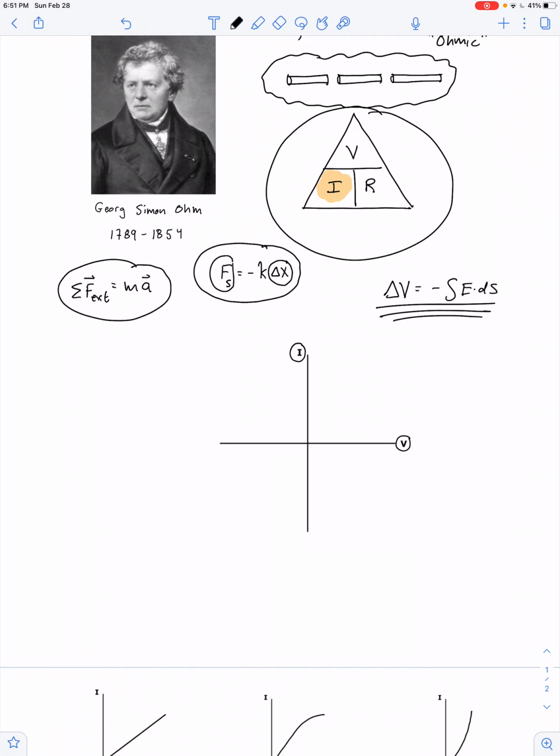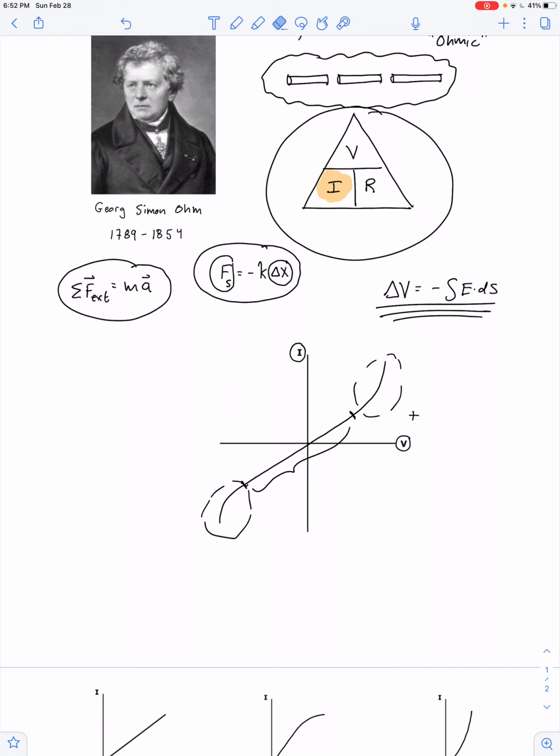At extreme temperatures, we might actually see a graph that looks more like this. So as long as we stick to this range, the device is ohmic, but it goes non-ohmic at extreme values of voltage. Okay, in other words, if we apply too great of a voltage, then the current grows up dramatically from there.